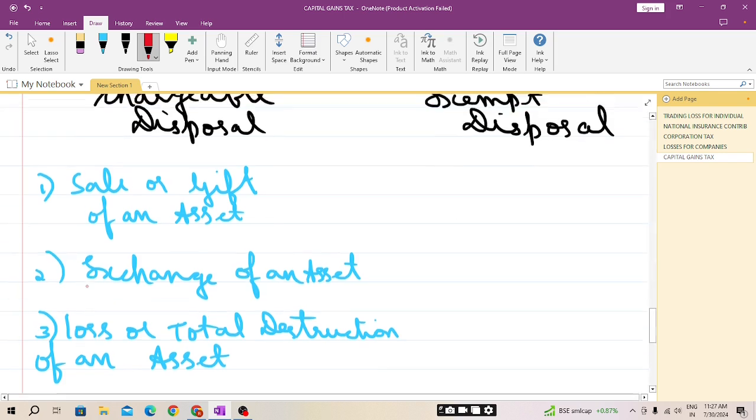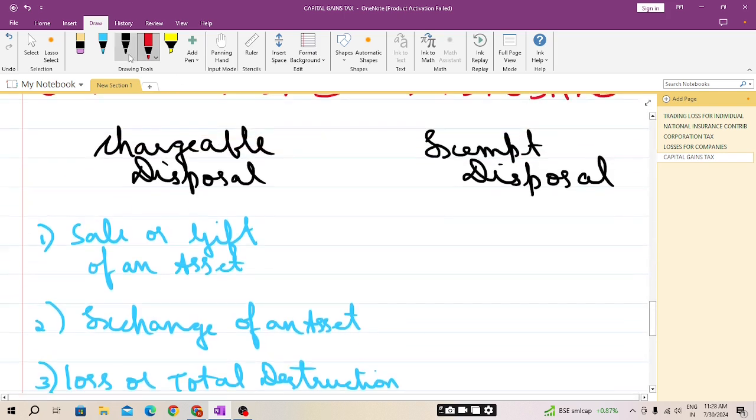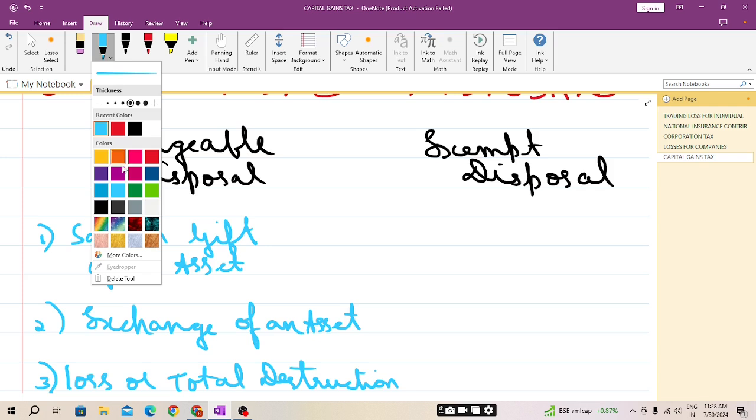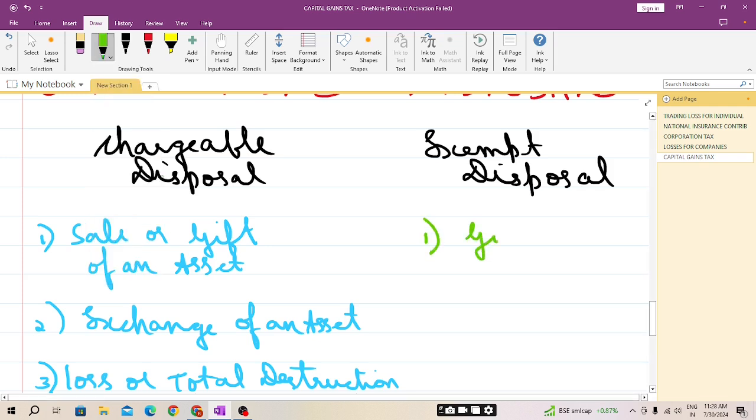The exempt disposals will include, students, the most important ones. The first one, gifts to charity. Students, as we have seen, a gift of an asset will be a chargeable disposal, but a gift of an asset to charity will be exempt. Students, it will be exempt.